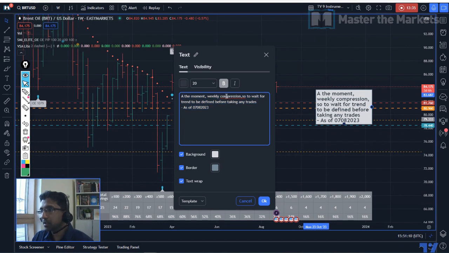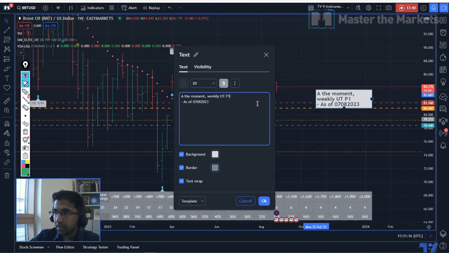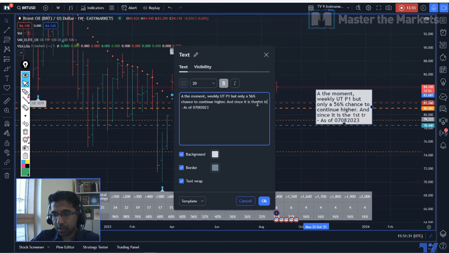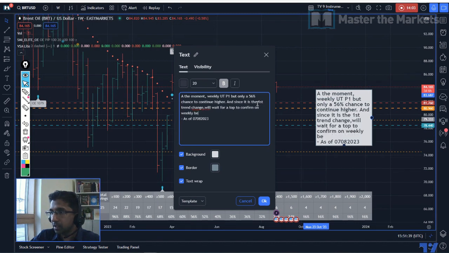At the moment, weekly UTP1, but only a 6% chance to continue higher, and since it's the first trend change, we'll wait for a top to confirm on weekly before taking a P1 turning point trades on daily.